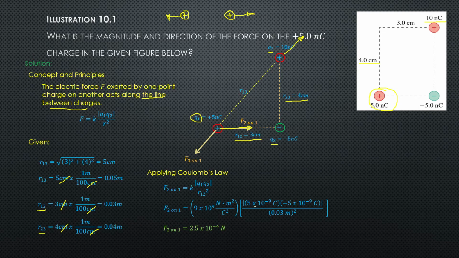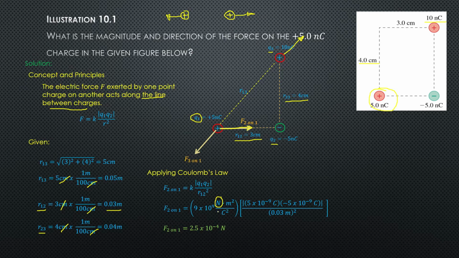The product of these will give us 25, positive because of the absolute value. The distance between them is not in centimeters but in meters. By checking the units, if this is squared, it becomes meter squared below and meter squared on top, so this is eliminated. Coulomb multiplied by coulomb is coulomb squared, so coulomb squared here and coulomb squared there are eliminated, and the unit left is newton.